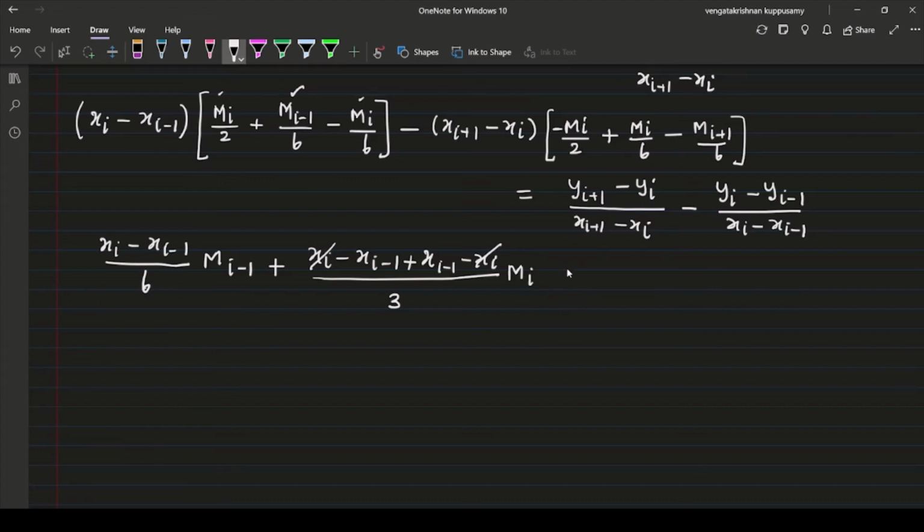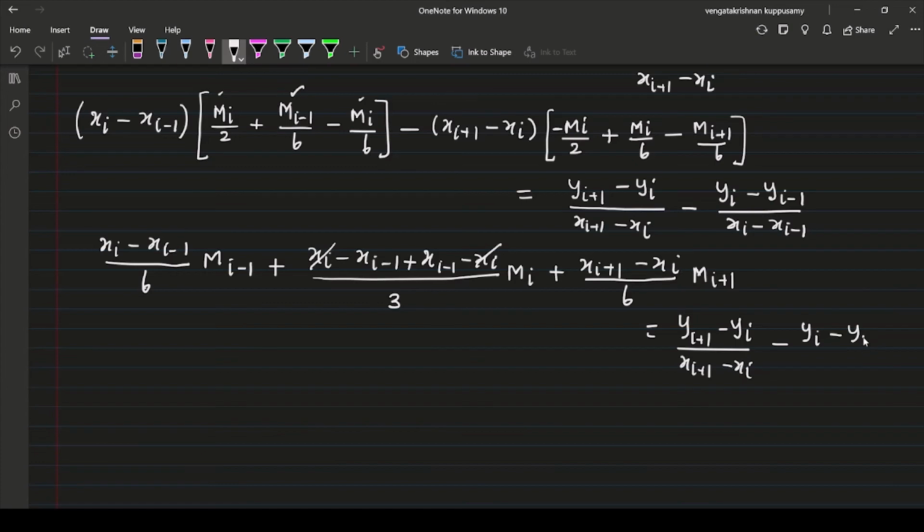So it is plus (x_{i+1} - x_i)/6 into m_{i+1}, which is equal to (y_{i+1} - y_i)/(x_{i+1} - x_i) minus (y_i - y_{i-1})/(x_i - x_{i-1}).